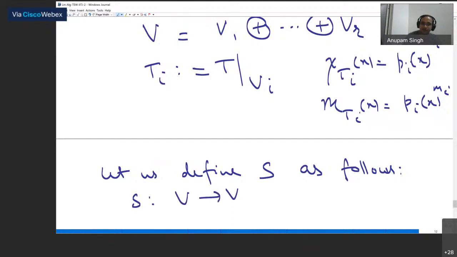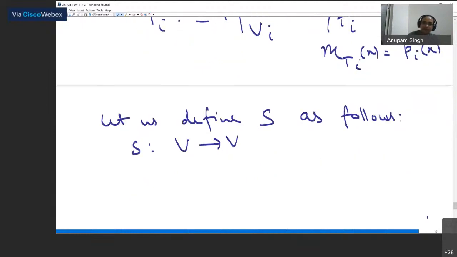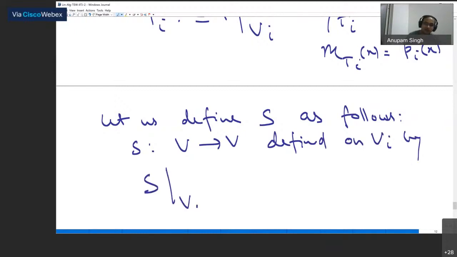So I will define S on each of the Vi as follows. S restricted to Vi, I will simply take it as the scalar lambda i times the identity transformation on Vi.